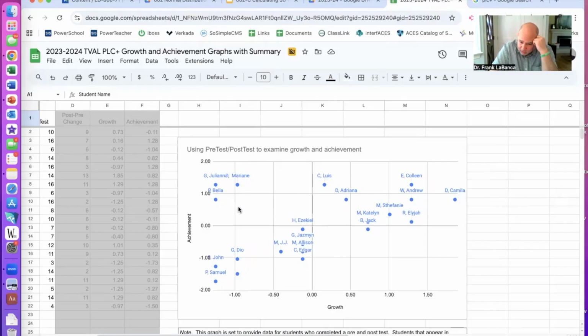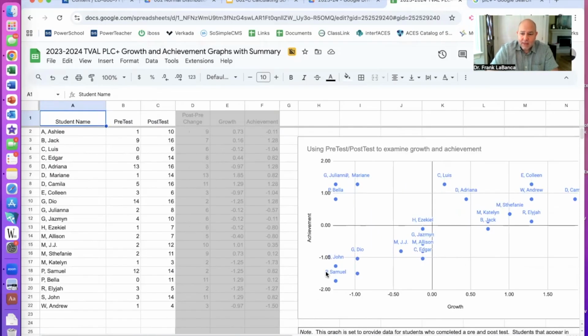So not showing progress over time. So started high, stayed high, where it was high and increased even more. Low and low, and then started low, but made good growth and progress. So there's just a layout of z-scores here and a visual representation to make good sense of a set of data where teachers could make informed decisions about what was going on.